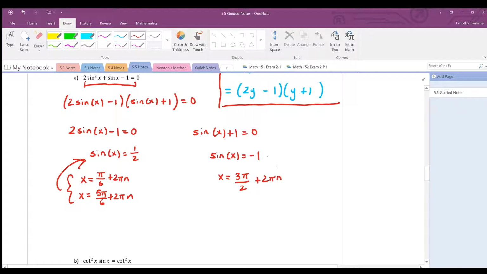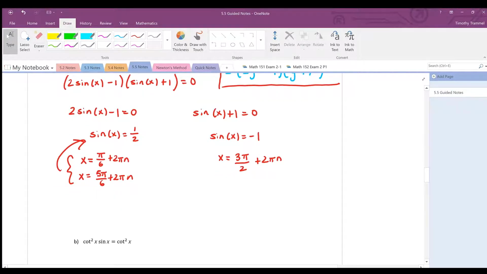Now, we only wanted the solutions that are between 0 and 2 pi. So I want you to note here, even with this formula with the pi over 6 in it, if we were to plug in just the number 1, a small number, this is already bigger than 2 pi because you have 2 pi plus pi over 6.